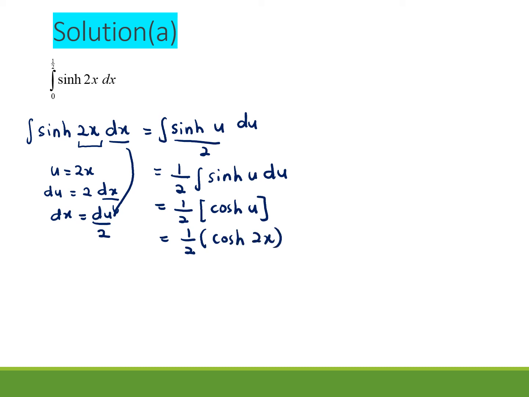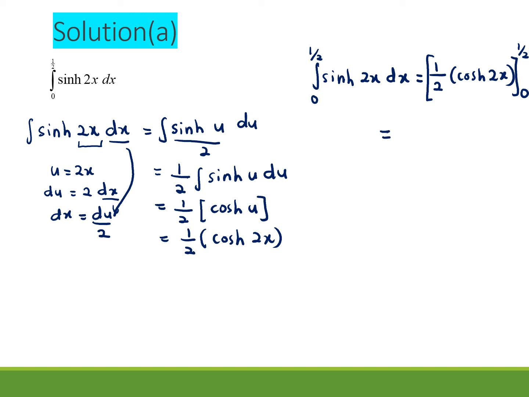Okay, now we have solved the integration of sine hyperbolic of 2x. Now we know that the interval is between 0 up to 1 over 2. Sine hyperbolic of 2x dx is equal to 1 over 2 cos hyperbolic of 2x, where the interval is between 1 over 2 and 0.